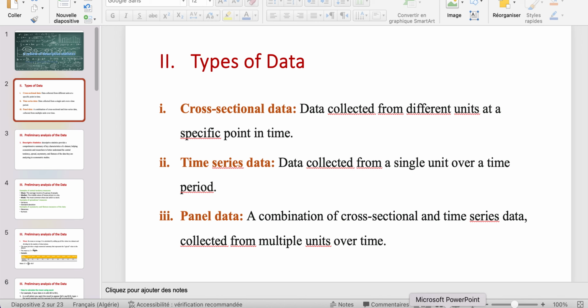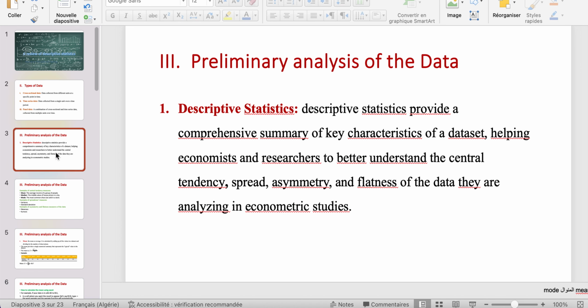So let's move to the descriptive statistics. I will give you a concept of descriptive statistics and its measures and how we calculate these different measures. The descriptive statistics provide a comprehensive summary of key characteristics of a data set, helping economists and researchers better understand the central tendency.